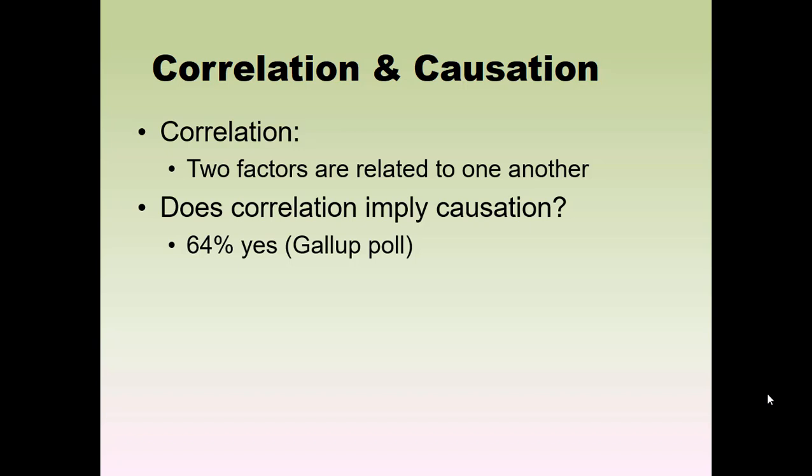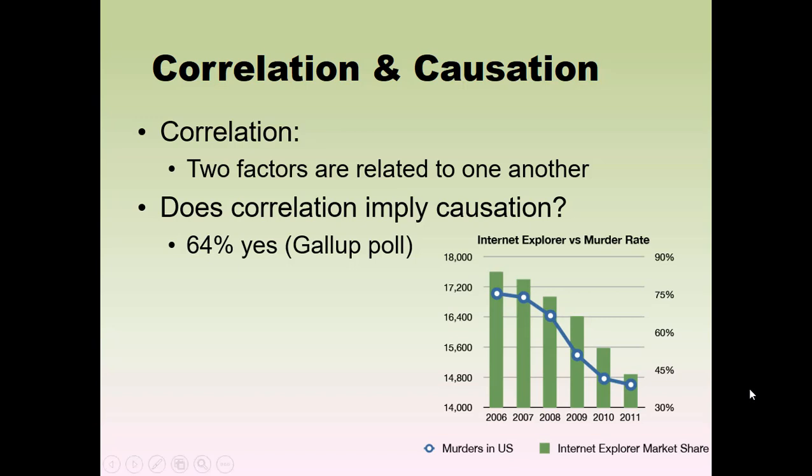So we have to be very careful about how we interpret information that we're getting and information on graphs. So for example, here we have some data following the use of Internet Explorer as a percent of market share versus murder rates in the United States.